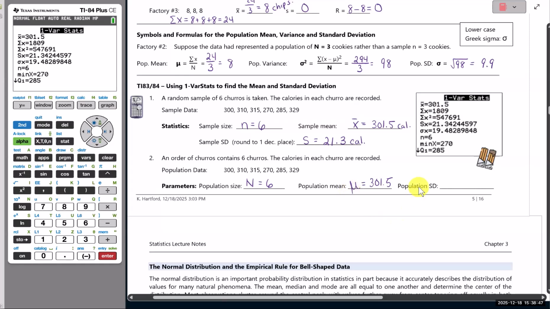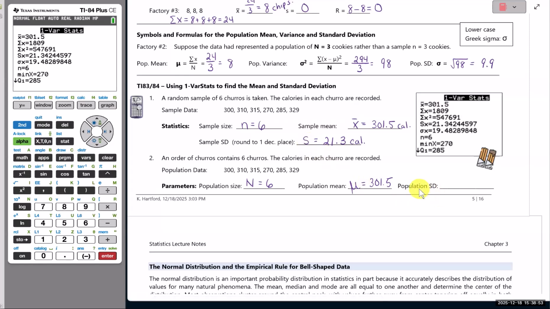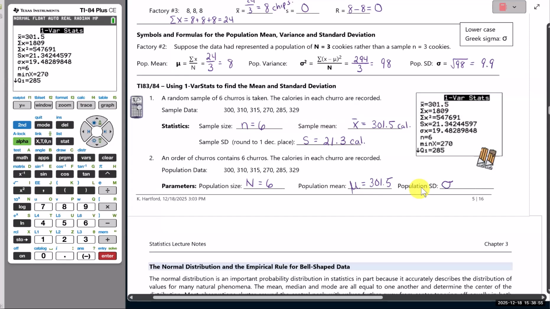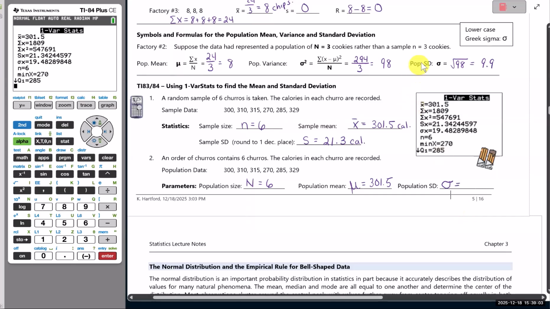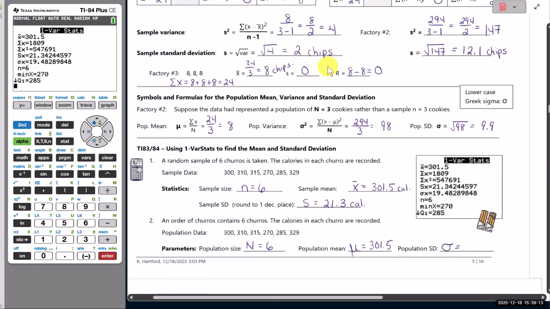All right, population standard deviation. It's not s. Standard deviation for a population is sigma. That's kind of what my sigmas look like. Now, the formula for that sigma, even going back to variance here, was a little different than sample variance and standard deviation.